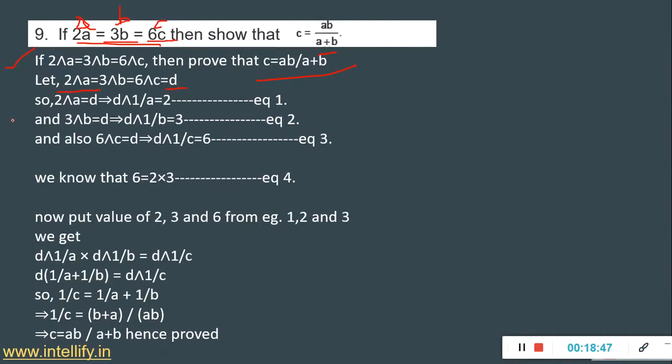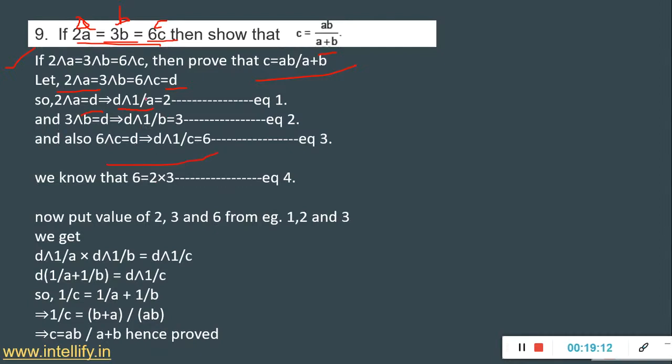So by taking it alone, 2 power a is equal to d, which will, if we take power value to the other side, then it will become d power 1 by a, which is equal to 2. Similarly, power will be taken to this other side, it will become d power 1 by b is equal to 3. Similarly with third equation.